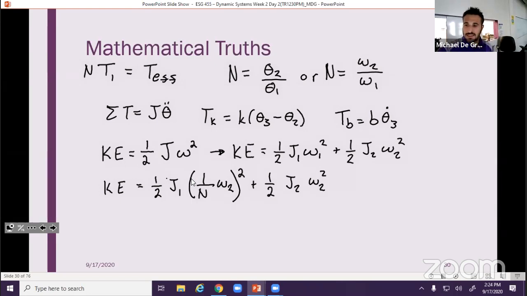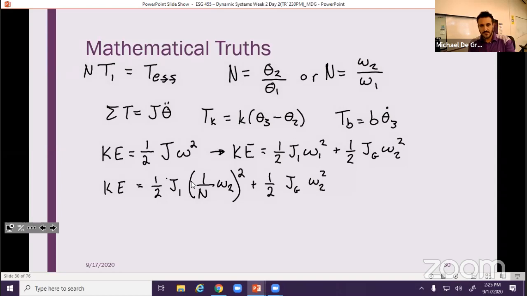So this is misleading. I'm not going to call this J2, actually. We're going to call this J gear, J sub G. And there's a reason for this, because we're trying to combine J1 and the gear, and everything's going to be in terms of theta 2 or omega 2. Well, we're almost there.